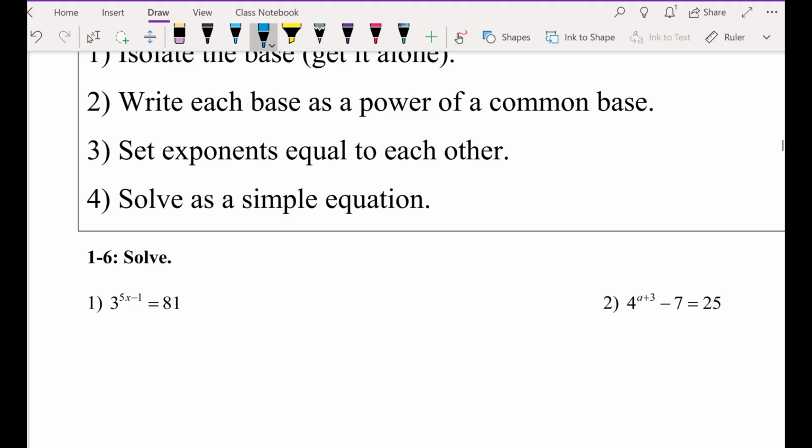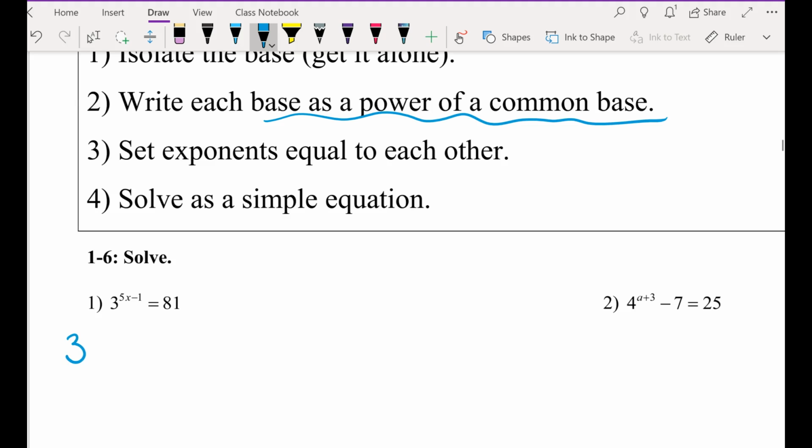Write each base as a power of a common base. So how would I rewrite 81? 3 to the what is 81? 4th, right? That's what step 2 means.